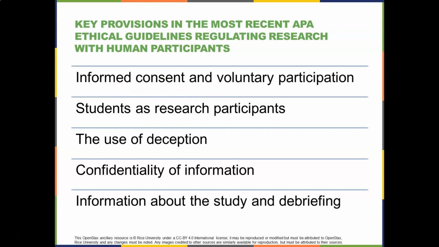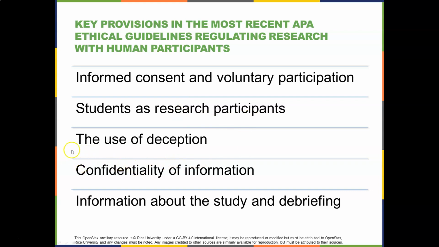And then if the person agrees to participate in the study, then they sign the informed consent. And that is voluntary participation. They're not allowed to be forced into participating any longer. Okay. Definitely, there are guidelines for using students as research participants.